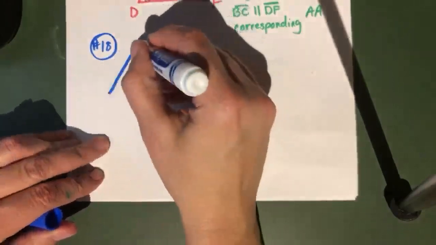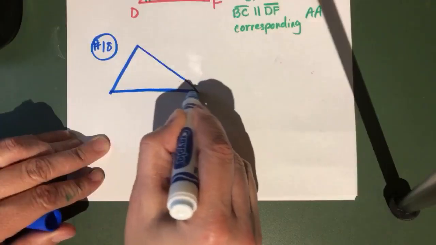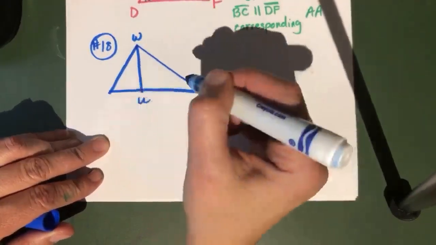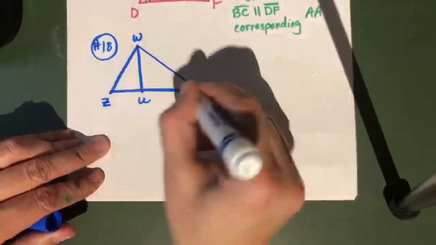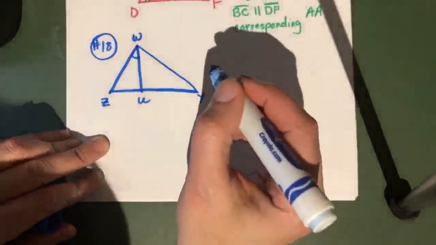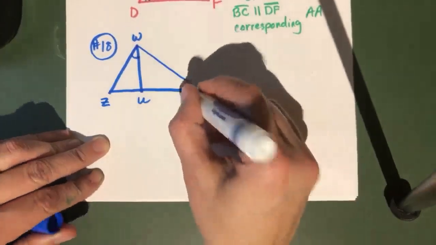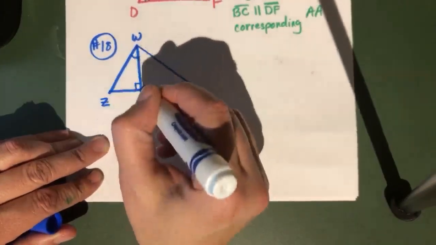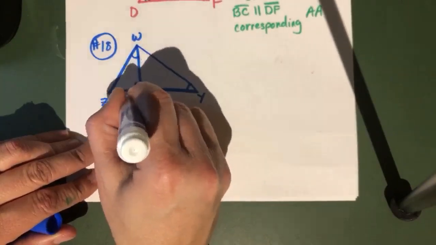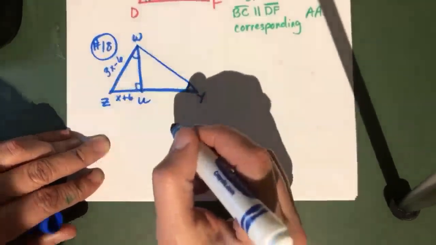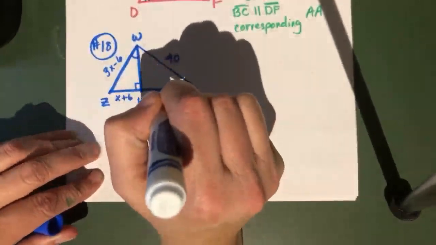So bear with me as I try to draw the picture from 18. So I've got this, and this is W, U, this is Z, this is Y, this is marked with an arc, this is marked with an arc, this is marked with a right angle, this is x plus 6 for this piece, this is 3x minus 6 for this piece, and this is 40.